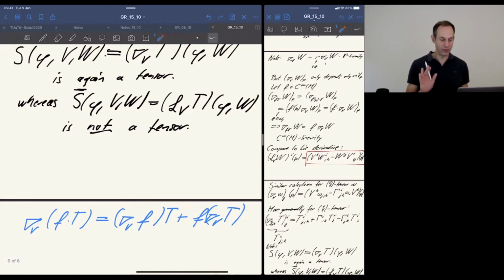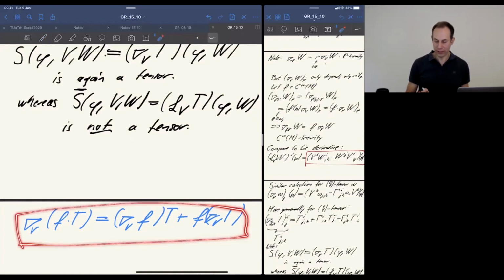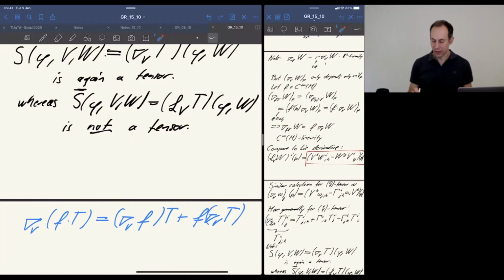If I understood the question correctly, and otherwise you have to maybe complain, the question is, doesn't this fact, which is a correct fact that you will also see in the exercises, contradict the claim that the covariant derivative is C infinity linear? To be clear, the answer is this nabla is C infinity linear in this argument V, but it's not C infinity linear in this argument here. I hope that clarifies it.